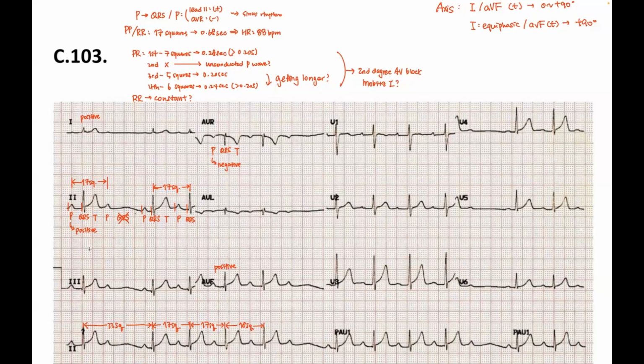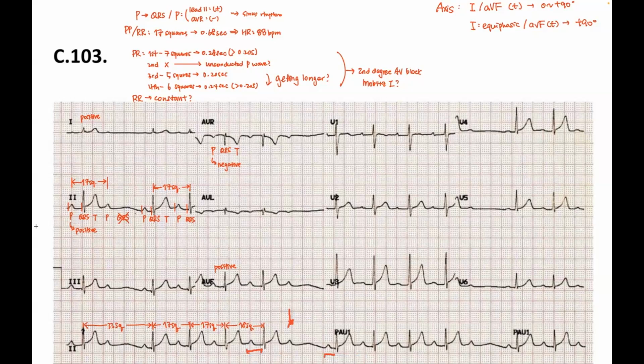However, when you diagnose a Mobitz type 1 AV block, the best way is to find the P that is not conducted. This is a dropped P. Next, you have to compare the length of the PR. This is the last conducted, and compare it to the first conducted. If they are equal, Mobitz type 2.